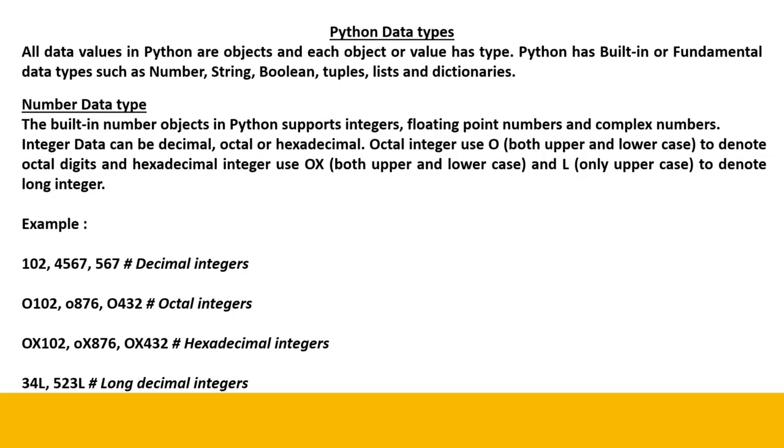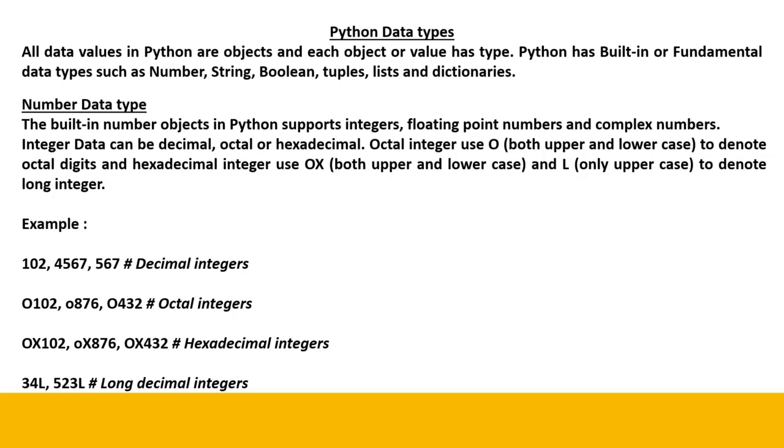What is the use of a data type? A data type is mainly used to categorize the data we input into the program. So here in Python we have six different types of categorizing the data: number, string, boolean, tuples, lists, and dictionaries.